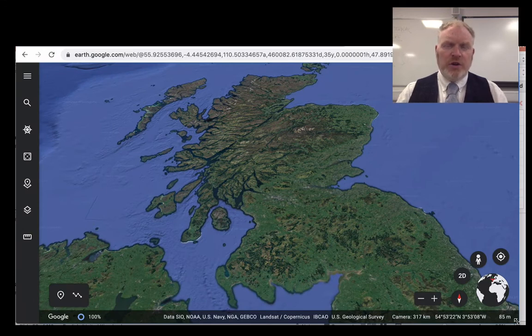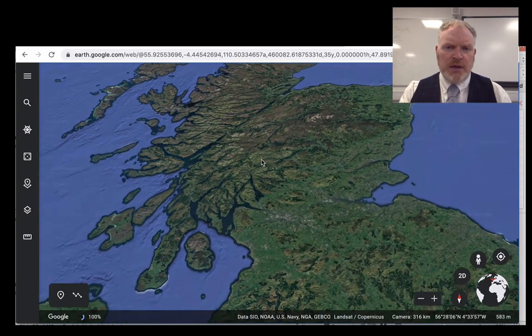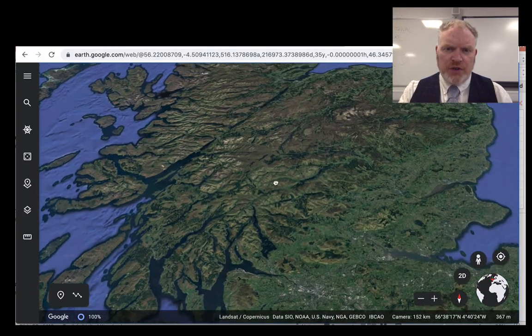This is a Google Earth image of Scotland. There are parts of Scotland's geography that are determined by its geology. There are several different examples of this. You can see, for example, the southern edge of the Highlands that I'm indicating with the cursor here. A really obvious feature.